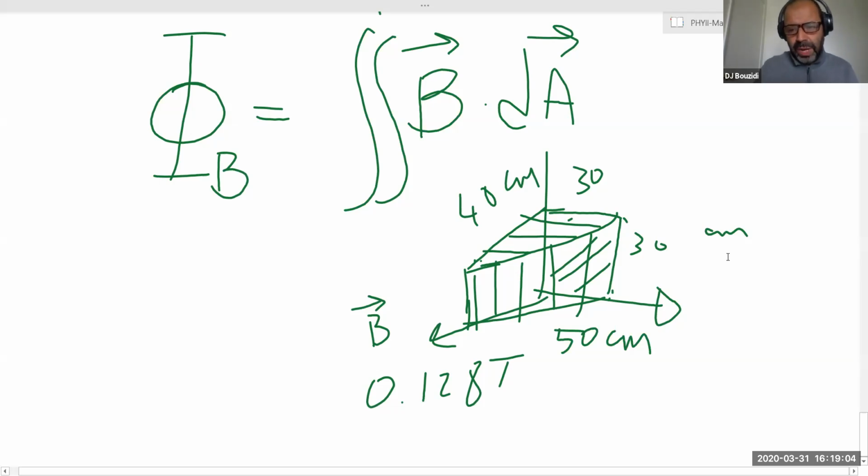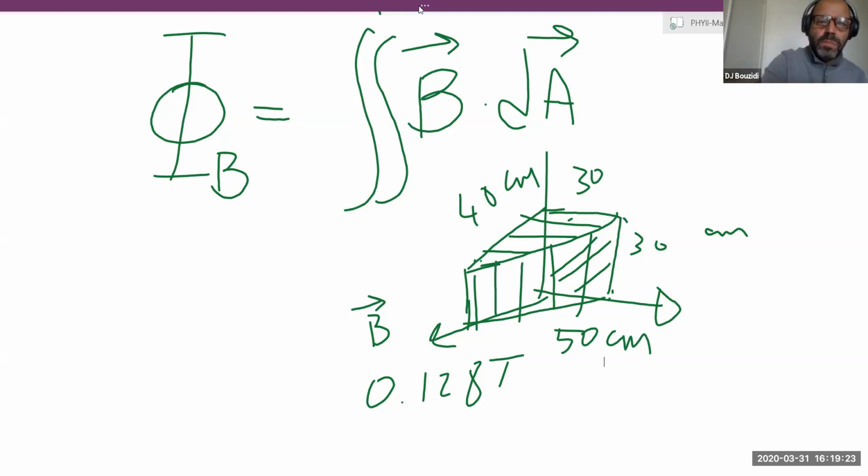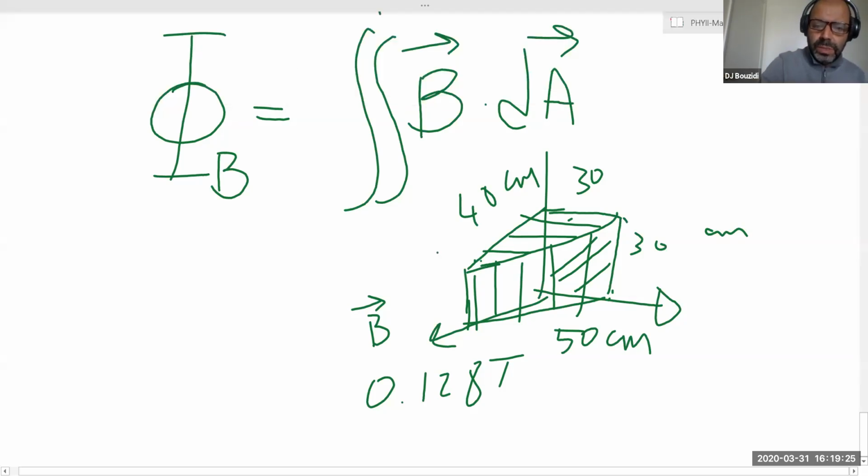And first of all, they labeled these surfaces in the homework problem: A, B, C, D. So this is A, this is B. I think the center is C, and then D. So there is a surface.